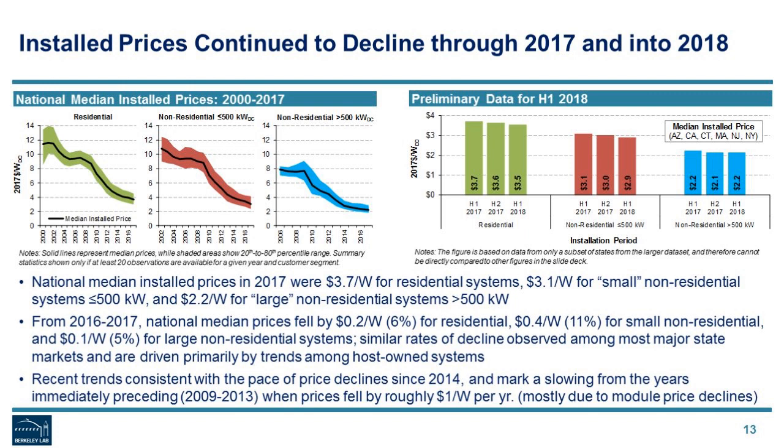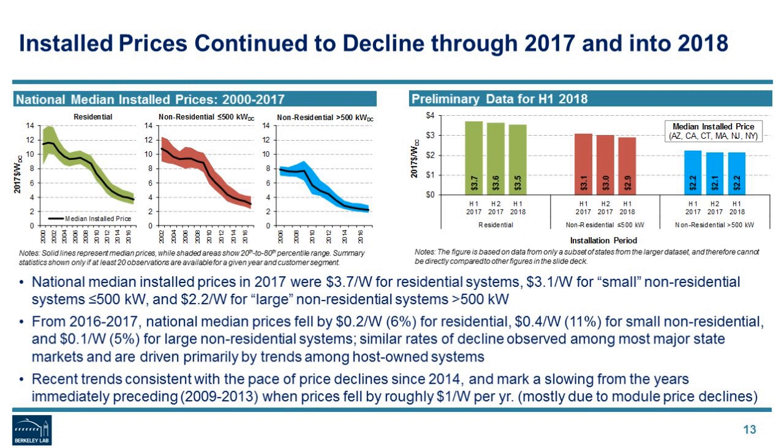And certainly since 2014 or so, we've been on a fairly steady but slow downward trajectory, with prices generally falling by about 5 to 10% per year, as they did over the last year of the analysis.